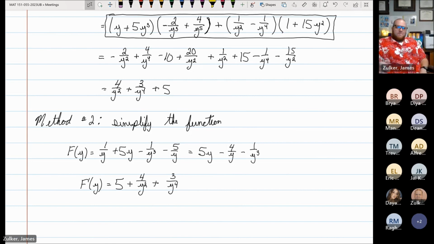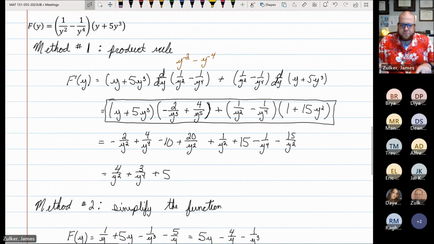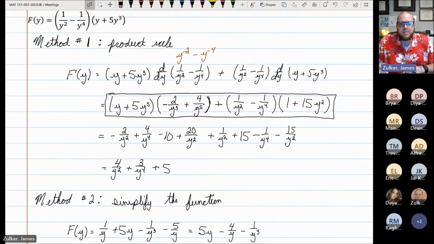Right? So really, if you're looking at a product of polynomials, you don't actually have to use product rule, do you? I should be careful because that first one isn't technically a polynomial.